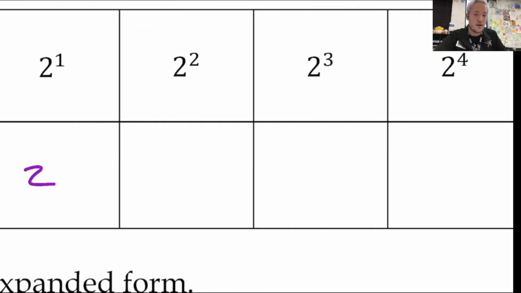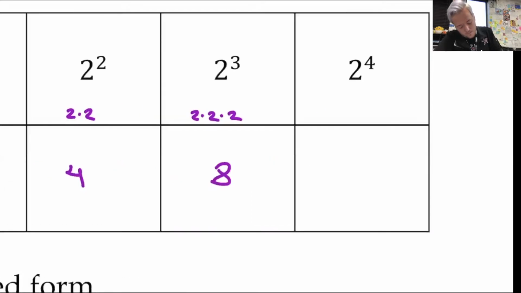If I have 2 squared, that's 2 times 2, which gives you 4. And then if I add on another 2, 2 times 2 times 2, which gives you 8. And then 2 times 2 times 2 times 2, which is 16.